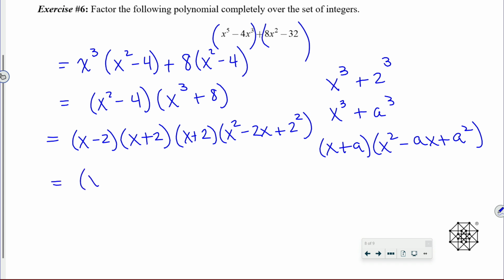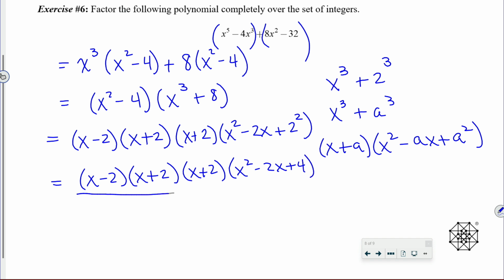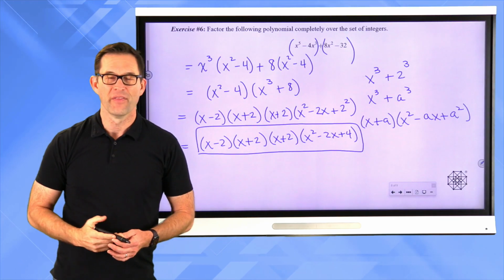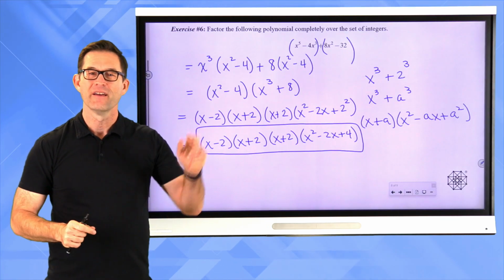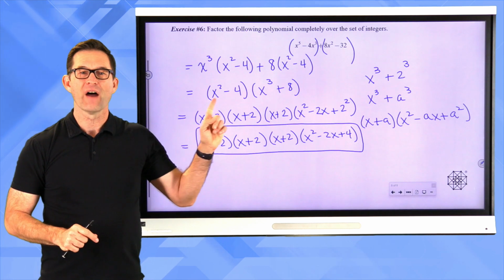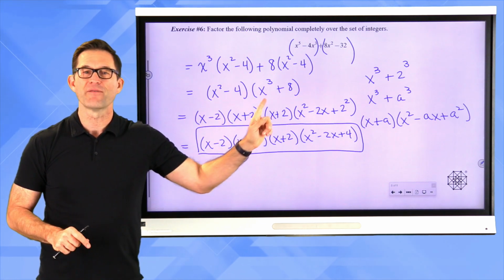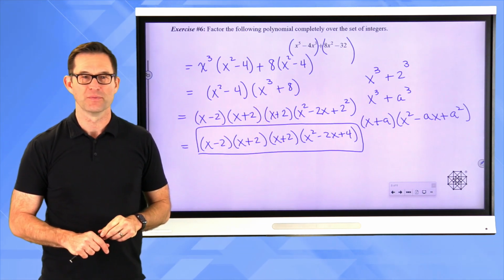And I'll just clean that up a little bit. And I will get something that looks like this. Wow. And that is some serious factoring. Factoring by grouping, factoring the difference of perfect squares, and factoring the sum of perfect cubes.